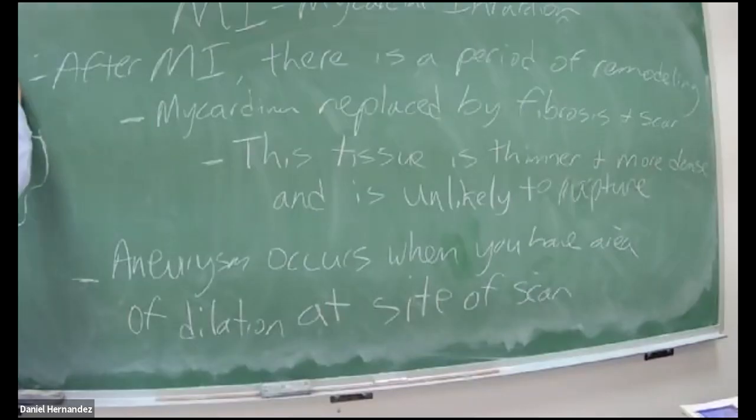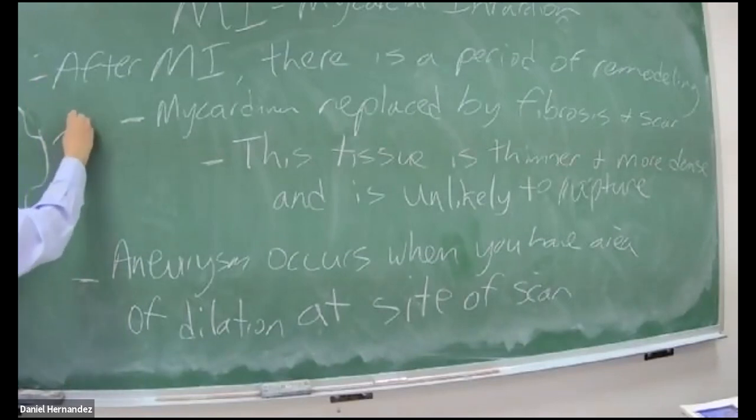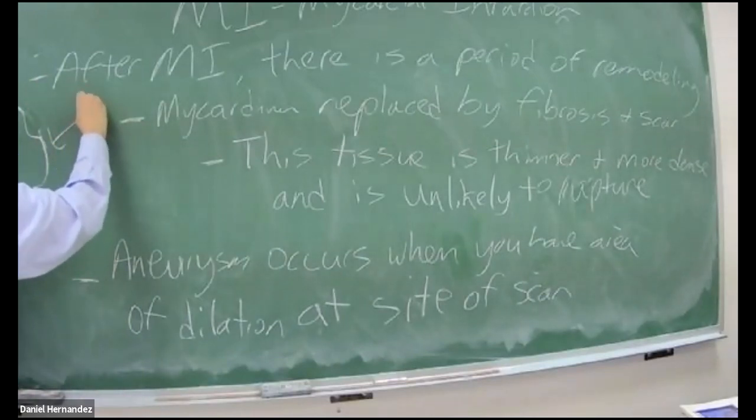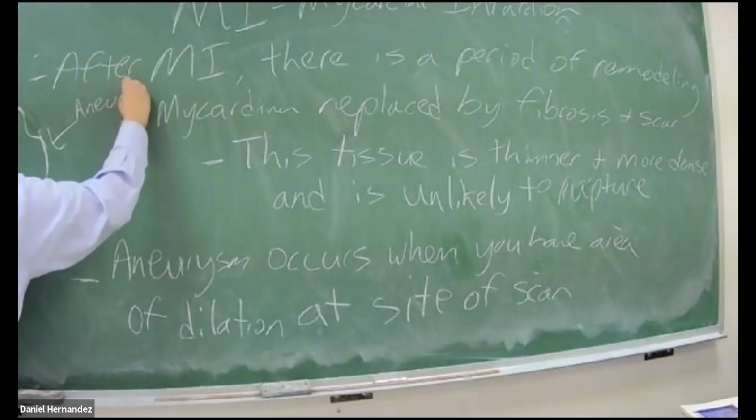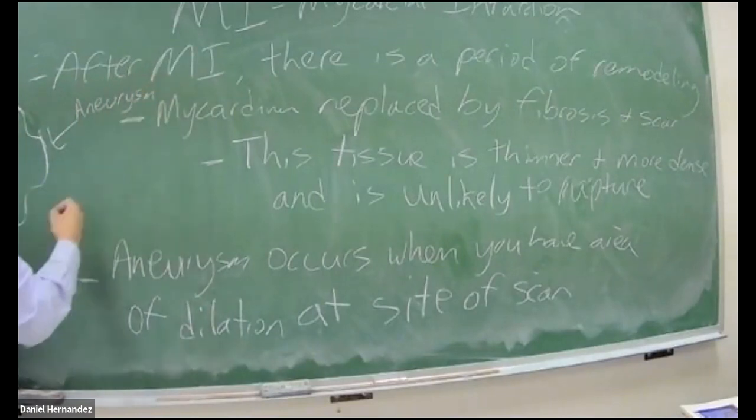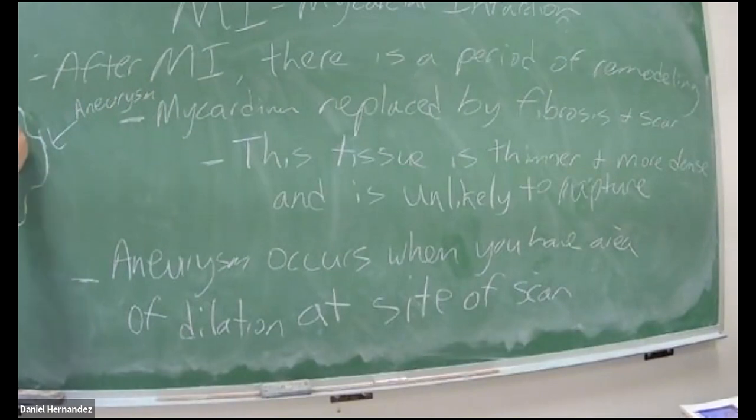So this would be the aneurysm. You're going to have a regional area of dilatation, and this could be the damaged tissue wall.